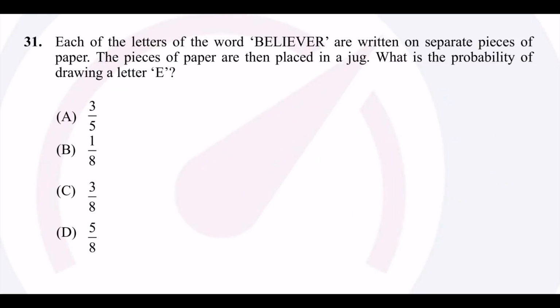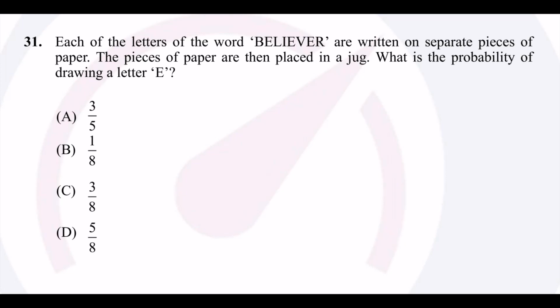Question 31. Each of the letters of the word believer are written on separate pieces of paper. The pieces of paper are then placed in a jug. What is the probability of drawing a letter E? So let us establish something first.